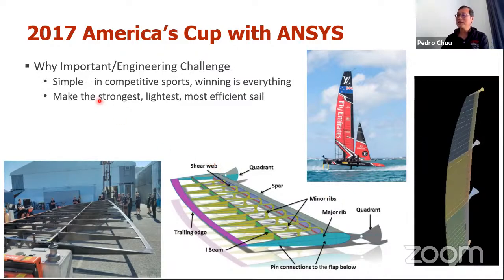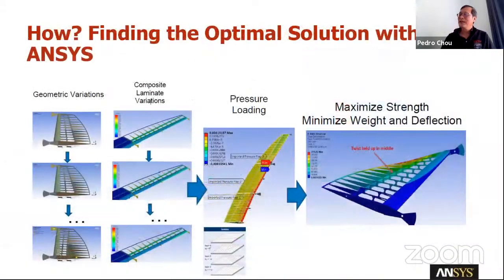So you want to make it the strongest, the lightest, or basically the most efficient sail that you can. What was done in this project is that several geometric variations, laminate compositions, stacking sequences, and stacking orientations were analyzed, and a CFD analysis was done to capture the pressure loading coming from the wind.